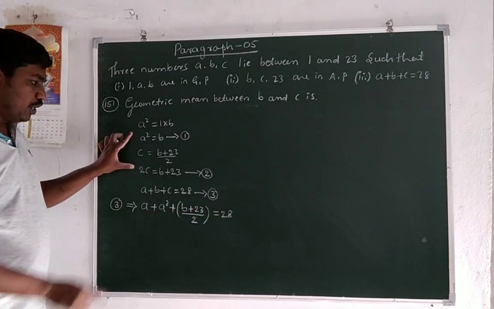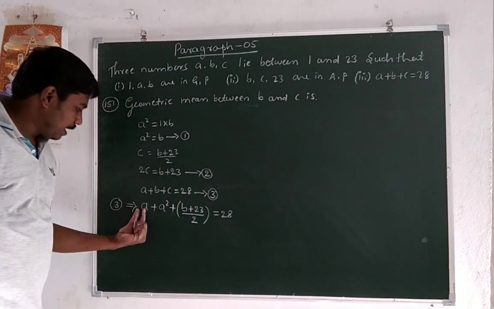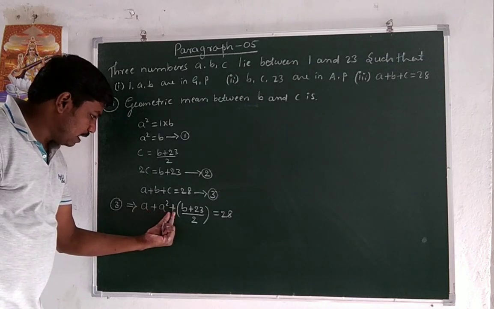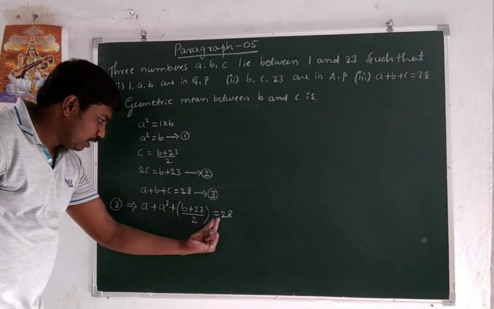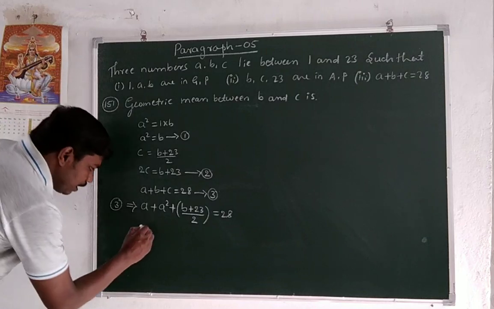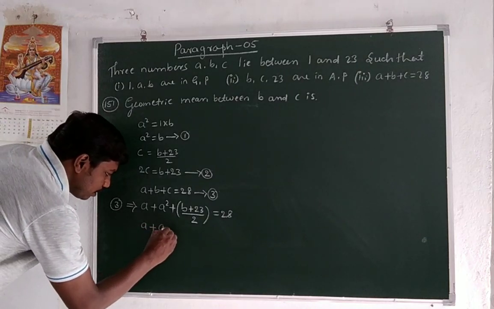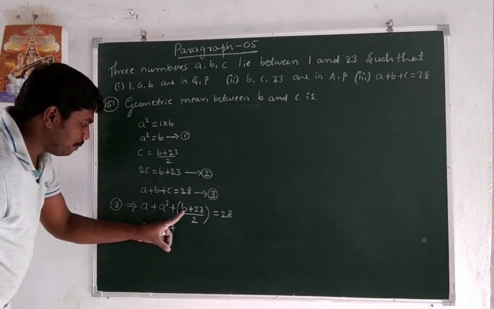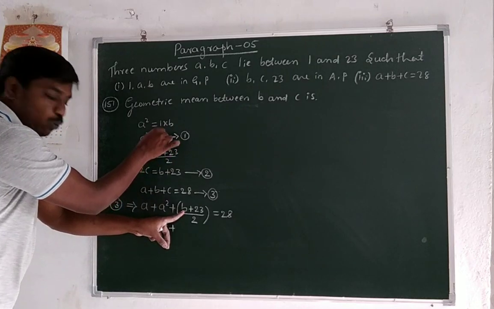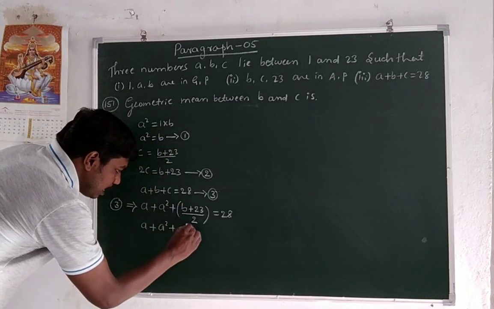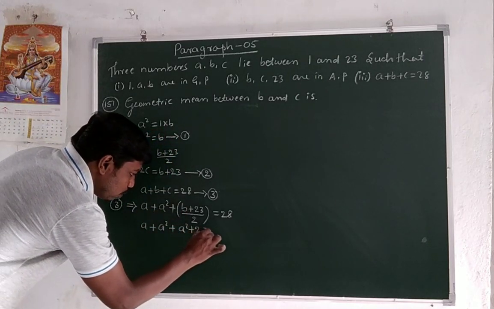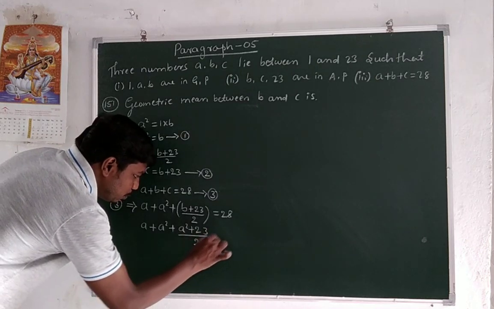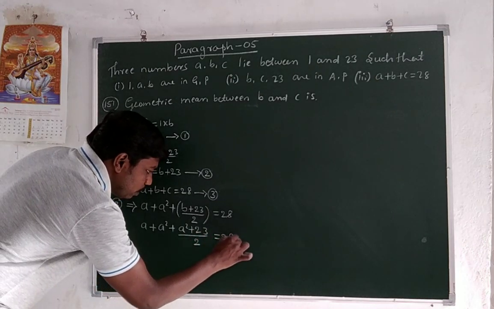So using 1 and 2 in equation 3, we get A plus A square plus (B plus 23) by 2 is equal to 28. Again B is A square from equation 1, so A plus A square plus (A square plus 23) divided by 2 is equal to 28.